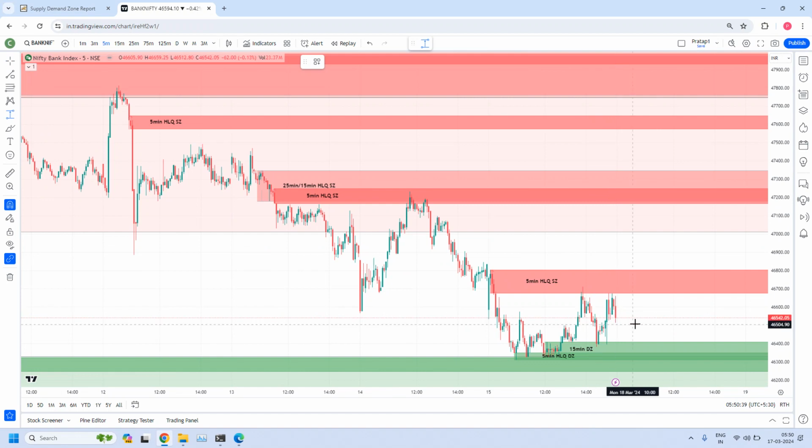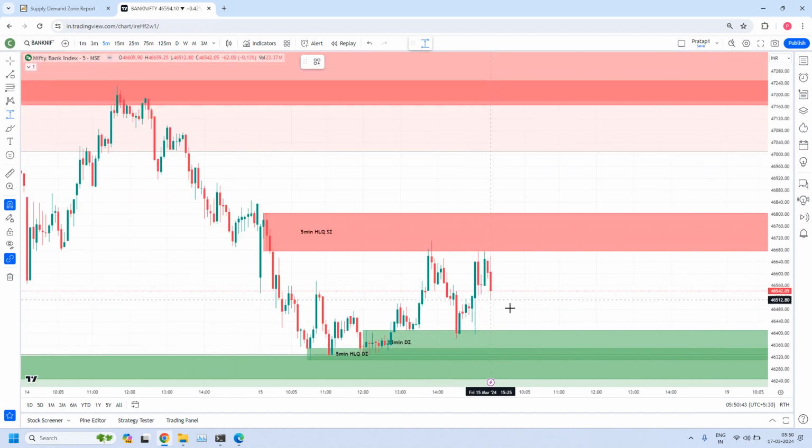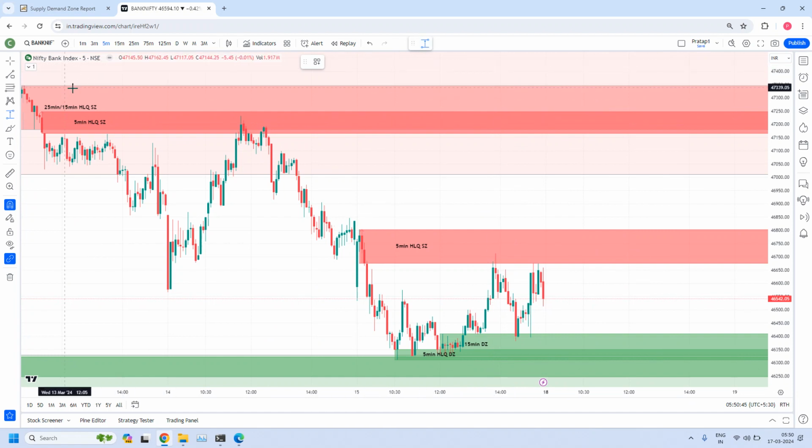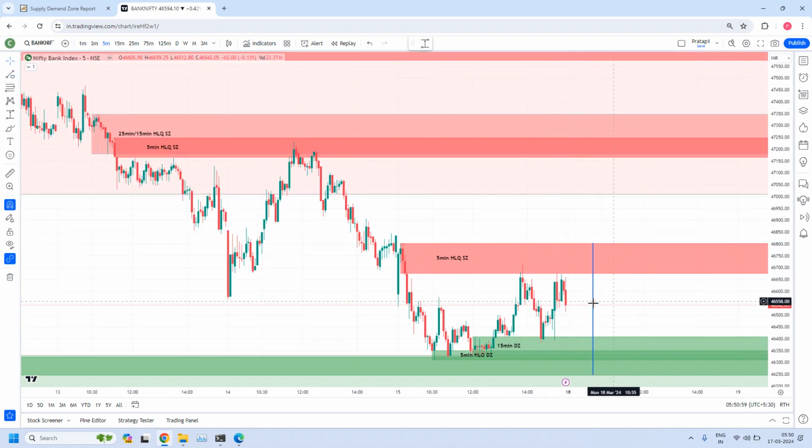So this could be the range, because all these are LOTL zones. I will consider this entire thing, from here to here, as the range. This is the possible range for our Monday's trade or even Tuesday's trade.